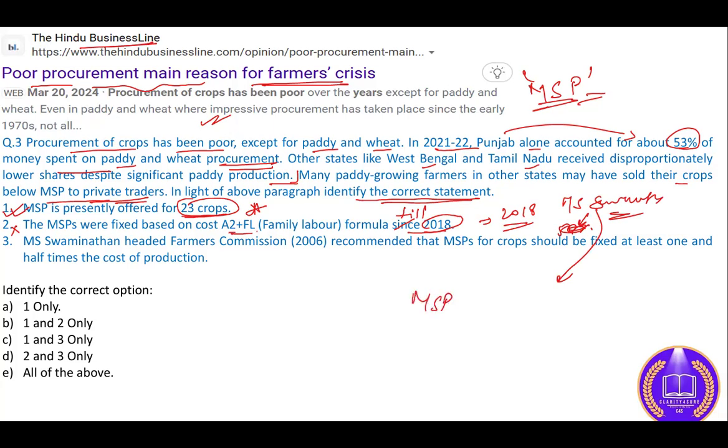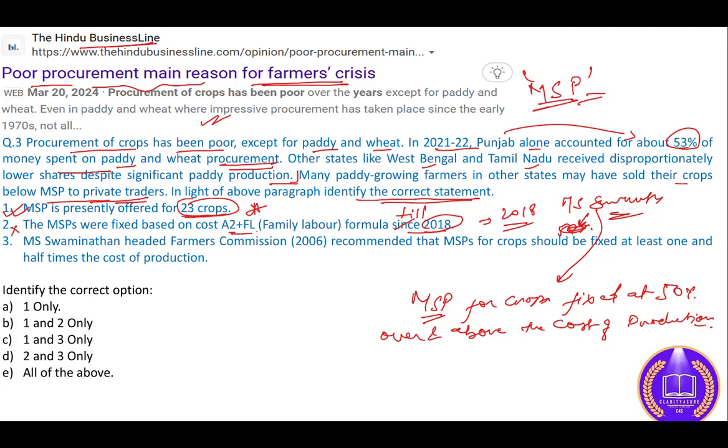That the MSP for crops be fixed at 50% over and above the cost of production. This was the recommendation of the MS Swaminathan Committee, formed in 2006.